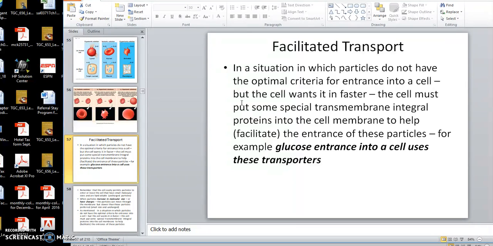To go in and out freely, you need to be small, lipid soluble, uncharged. So these need a special door. Here's the key: these need a special door to help them in and out, even though they have their own energy.